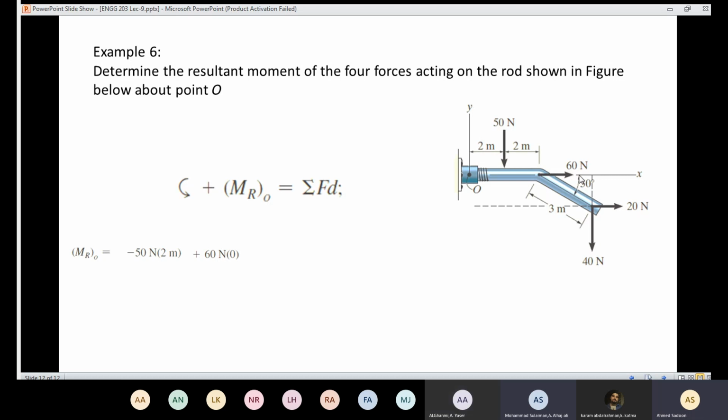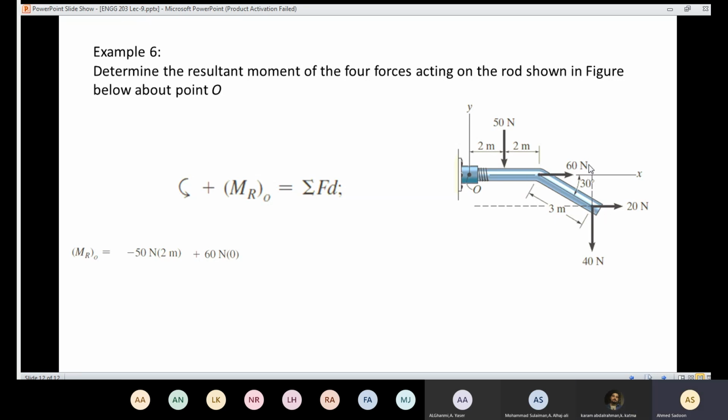If I multiply it by cosine, I'm going to have which distance? This distance here. But if I multiply by sine, I'm going to find which distance? This distance here. Right? Do you agree with me on that? Okay.